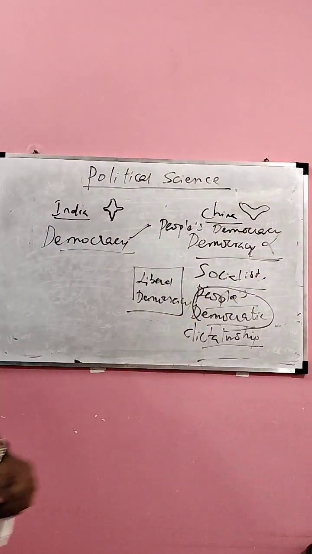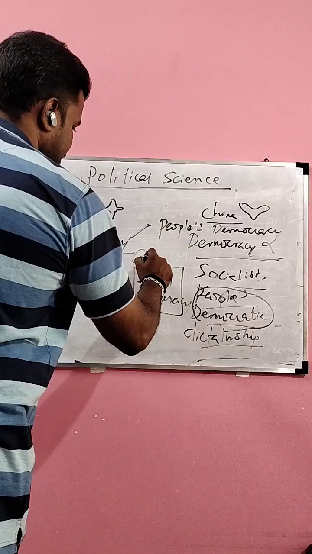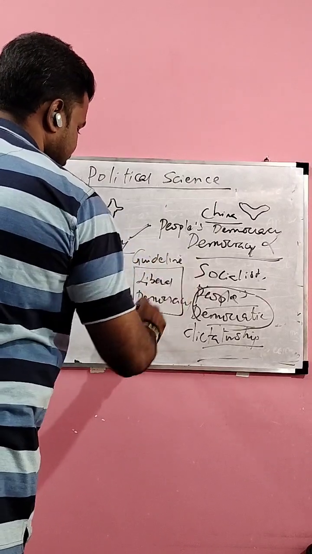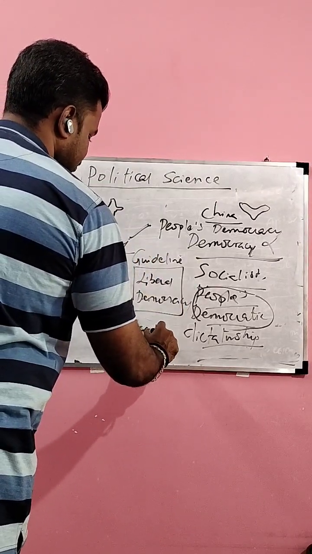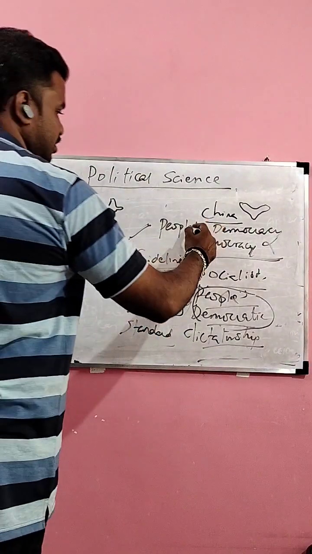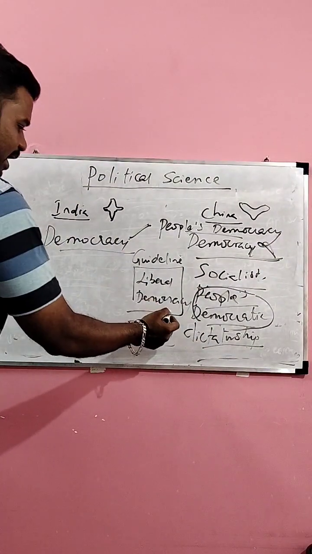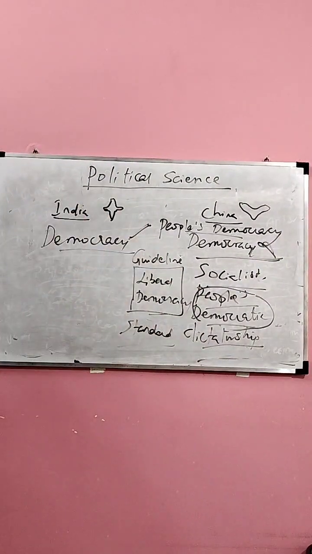See, when you take the traditional approach, we have already taken liberal democracy as the guideline, as the standard. China's constitution says that it is a people's democracy, but we do not accept it because liberal democracy is taken as the benchmark, as the standard.